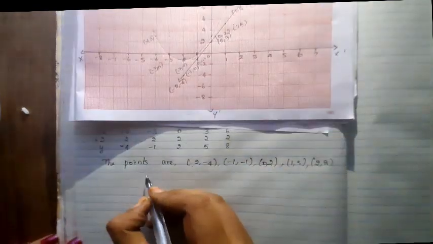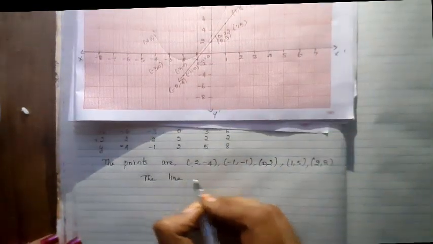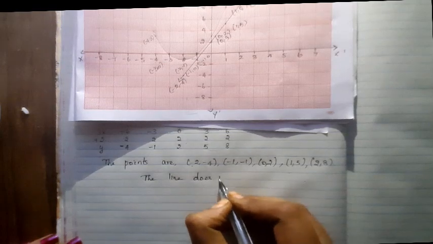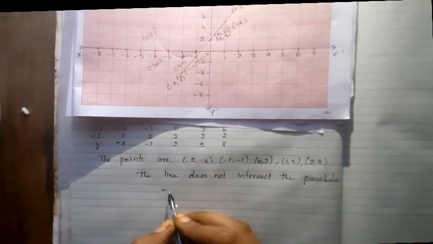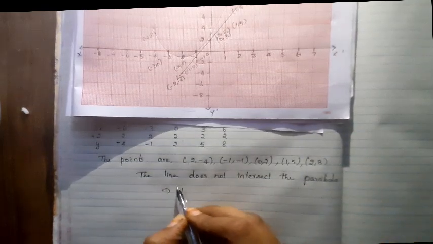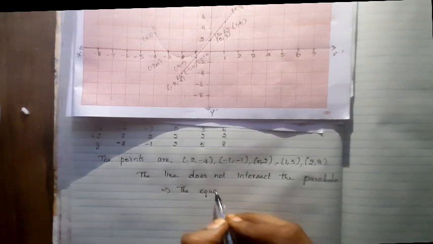So we can write like this: the line does not intersect the parabola. So they are asking for the roots of this equation.